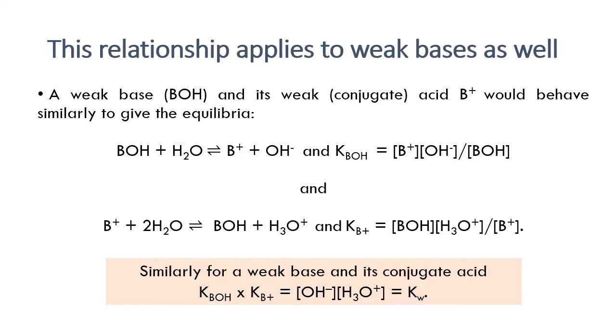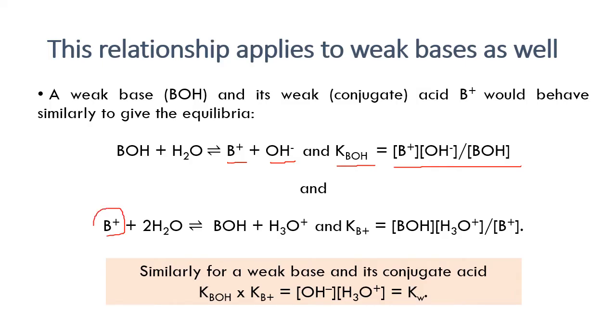Your weak base, when it dissociates in water, will give its conjugate acid and hydroxide ions, and the base dissociation constant is going to be equal to the concentrations of the conjugate acid and hydroxide ions divided by the concentration of the base.